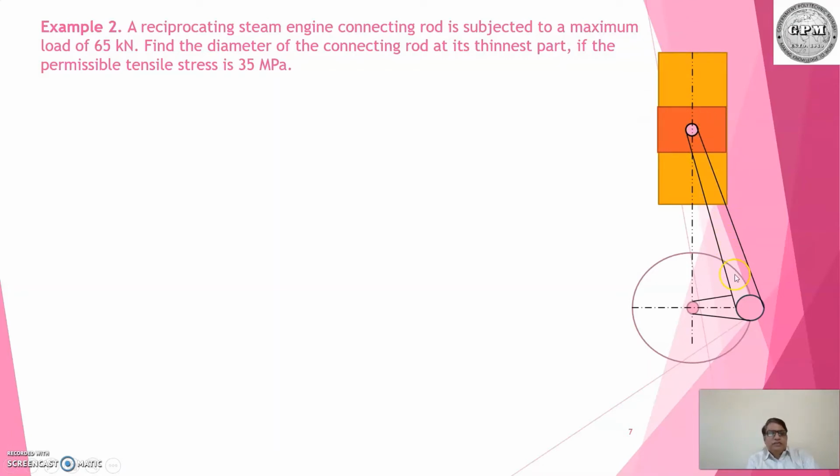It is connected by means of a connecting rod and a crank, and the maximum load is 65 kilonewtons. At that load you try to find out the area, and then you can calculate the diameter of this connecting rod.